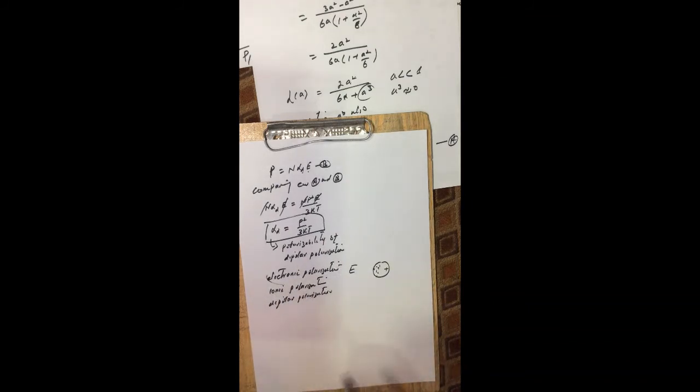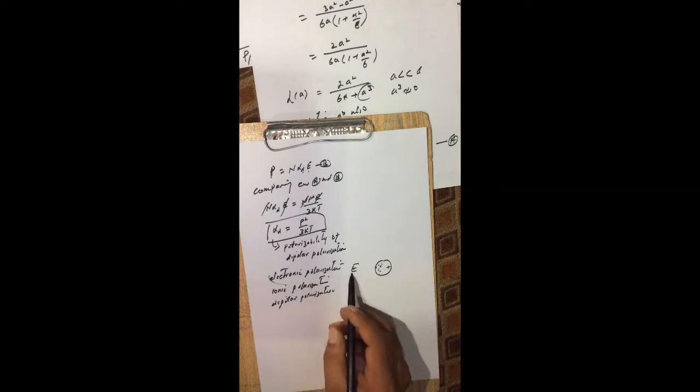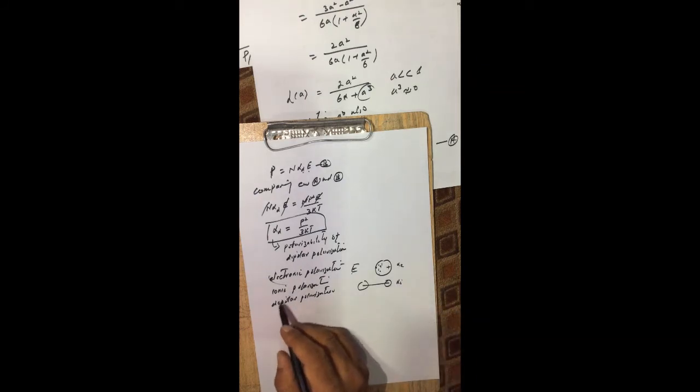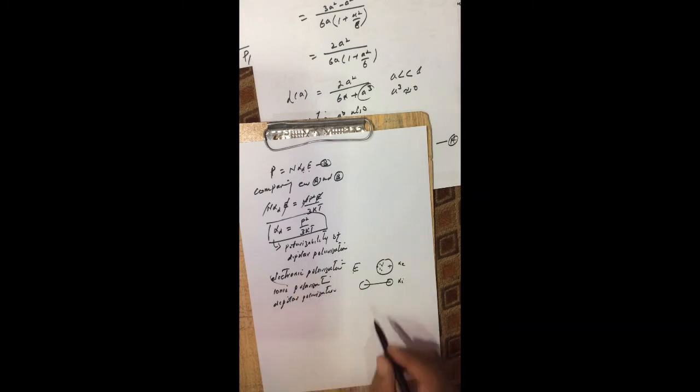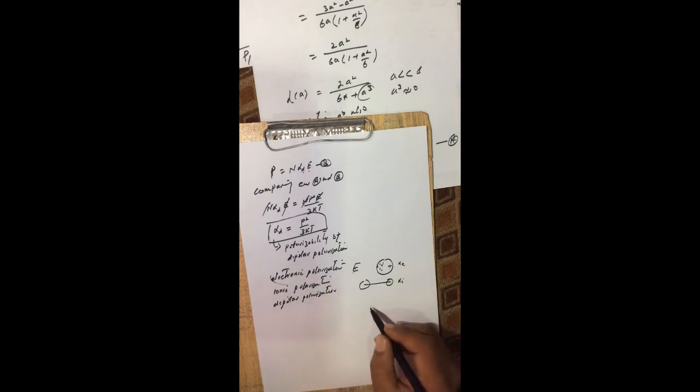Now these are ions, so it means that after applying the electric field, the positive ion and the negative ion also get separated from each other. So we have electronic polarization here, and we have ionic polarization, and also the material is a polar material, so the dipole moment also aligns itself in the direction of the electric field.